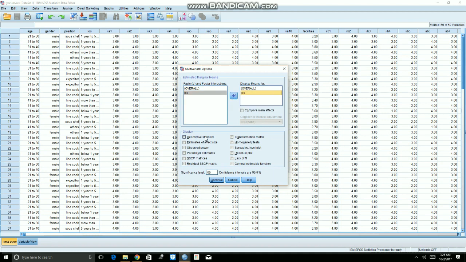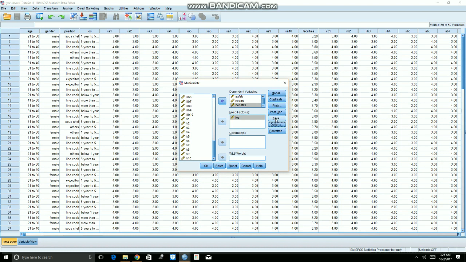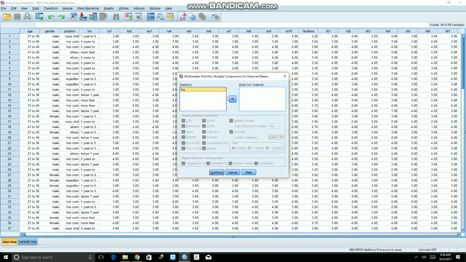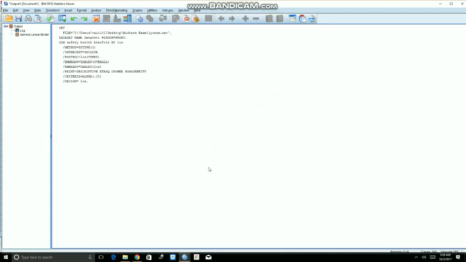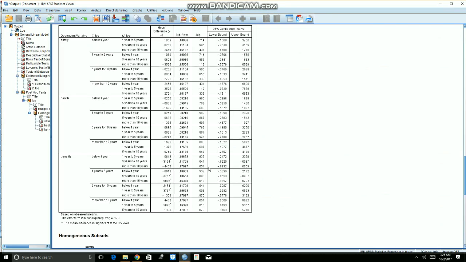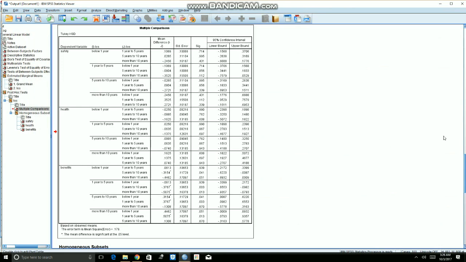Next, we fill up these boxes: descriptive statistics, estimates of effect size, observed power, and homogeneity test. Continue. We also click post hoc, select length of service, and equal variances assumed by Tukey, and continue. And okay.